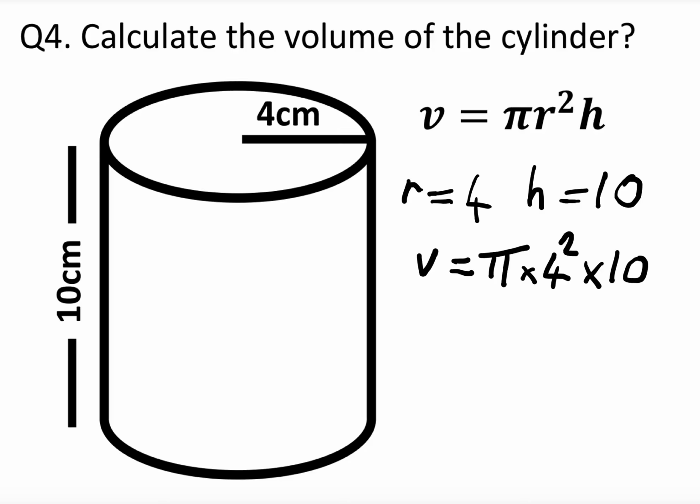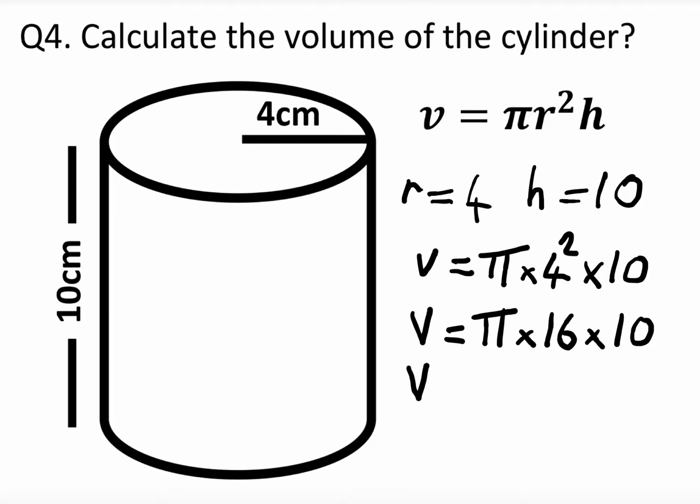If we work through this in steps, V equals pi times, what's 4 times 4? 16, times 10.